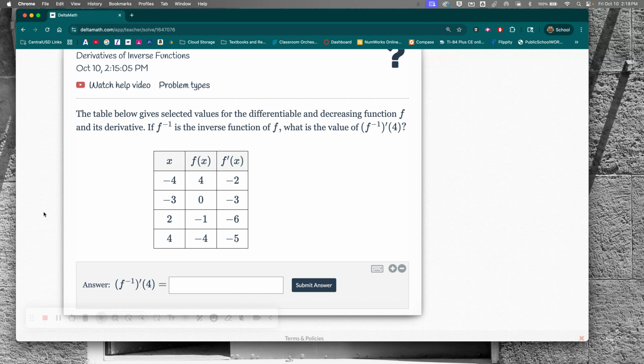So yeah, you don't have to write down the whole table, just write down the parts that are important, the points that you end up using, kind of like the last question where it just gave us that one point that we would need.